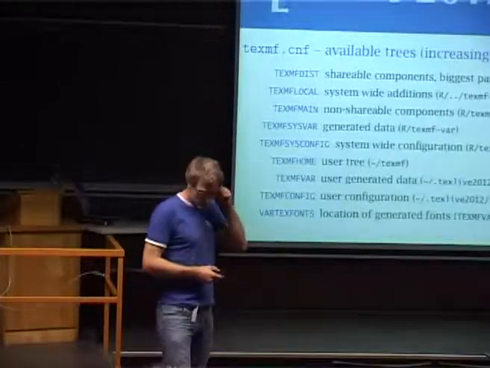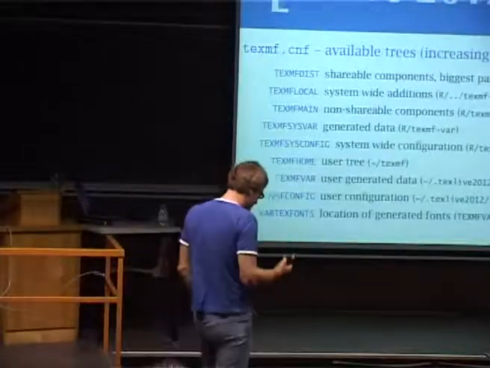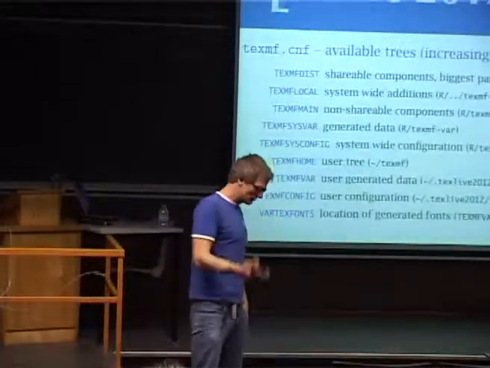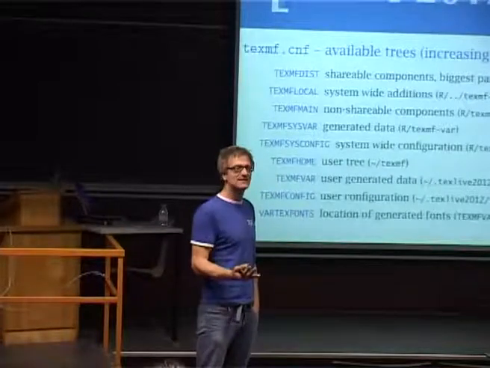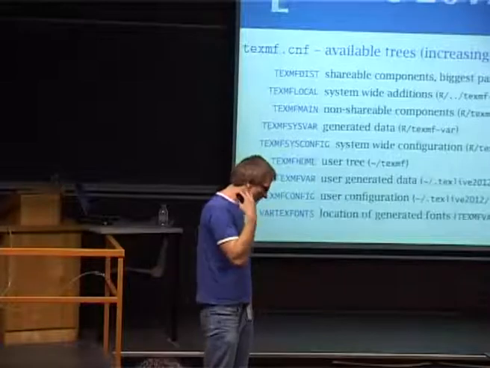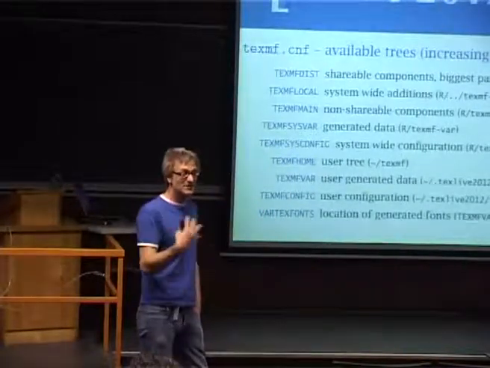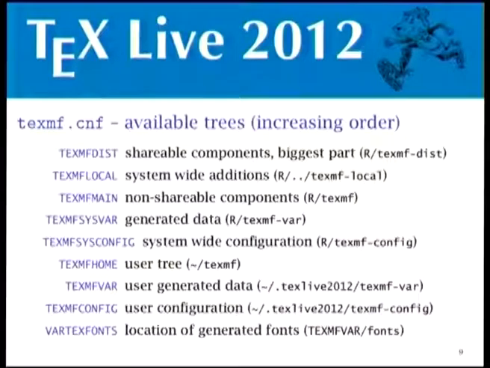So let's go through these four files or file groups one by one. First texmf.cnf. It has a lot of settings, but for distributions, the only thing you should change in most cases is the path, because that might change where you put the files. These are the trees that are predefined in the texmf.cnf file.